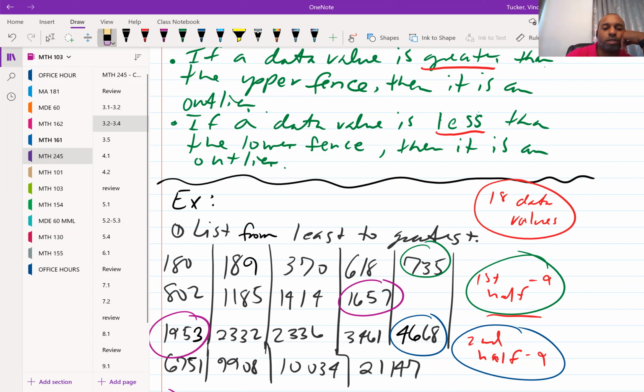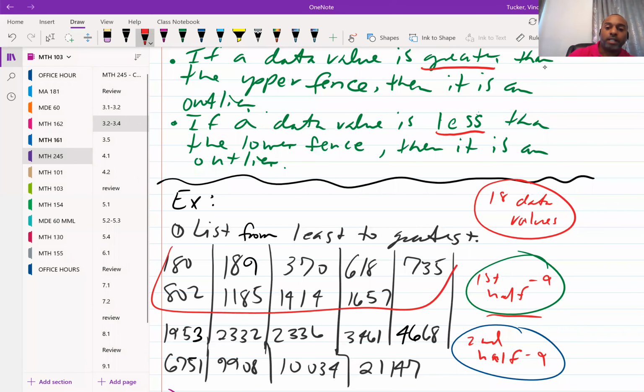Let me erase some of this stuff. All right. So we have 18 values. I went ahead and listed it from least to greatest. Your data values, of course, do not have to be given to you written from least to greatest. You may have to do it yourself. Notice how I labeled them. It was 18 values, so I wrote 9 and then 9.